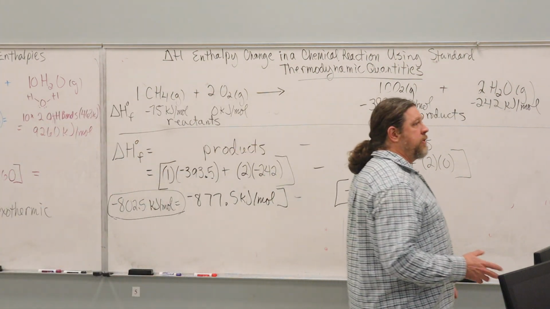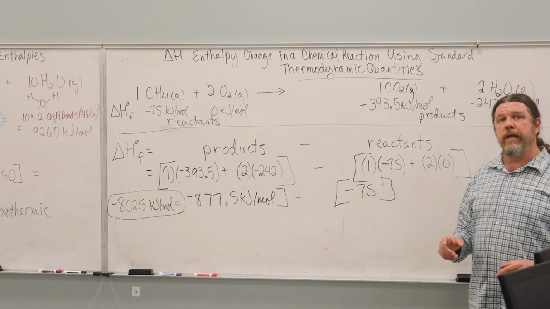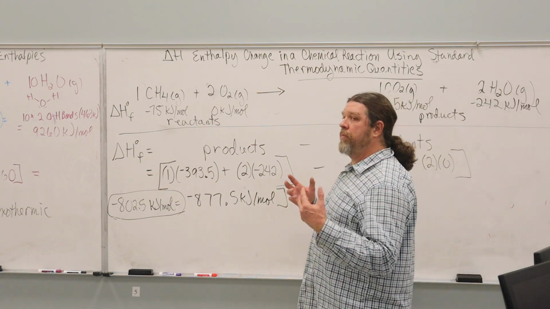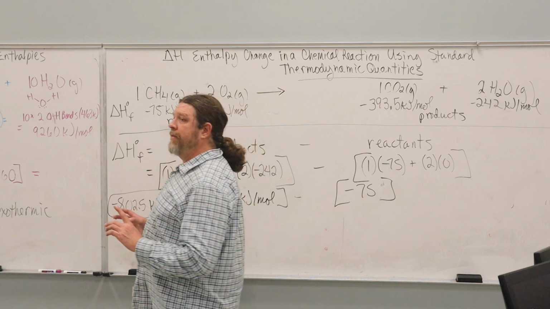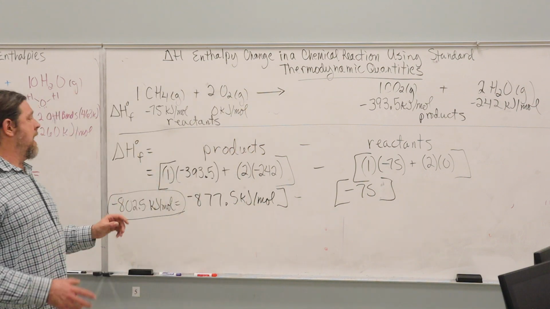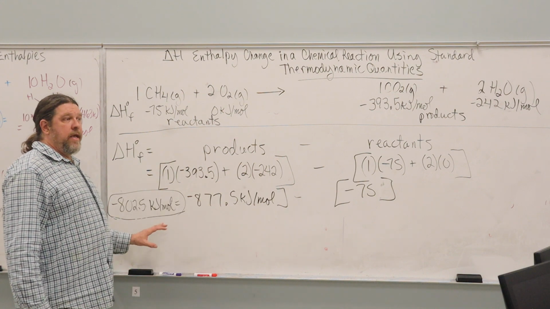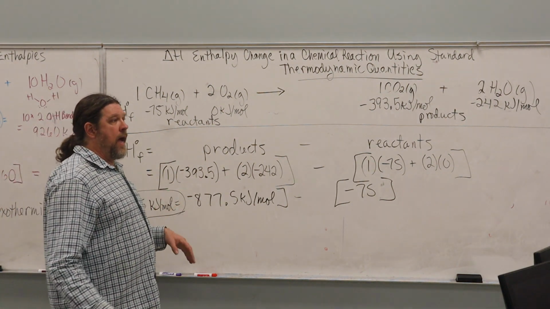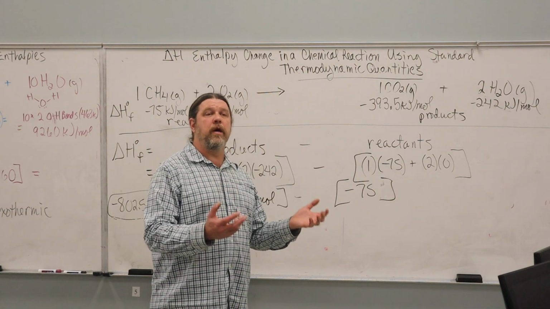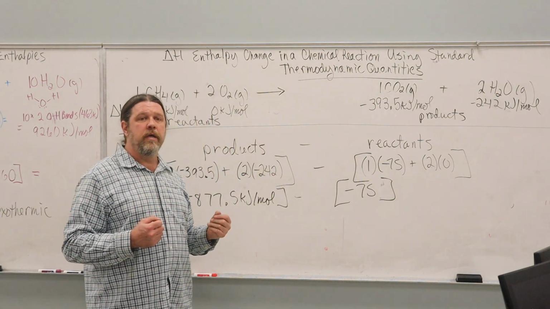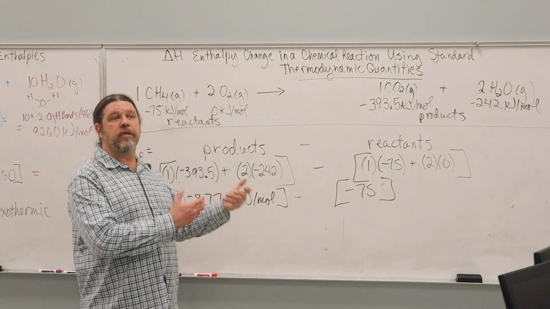This is telling us how much energy per mole is either being absorbed in the reaction or given off in the reaction. Once again, exothermic reactions are giving off energy from the system, whereas endothermic reactions will be absorbing energy from the surroundings into the system.